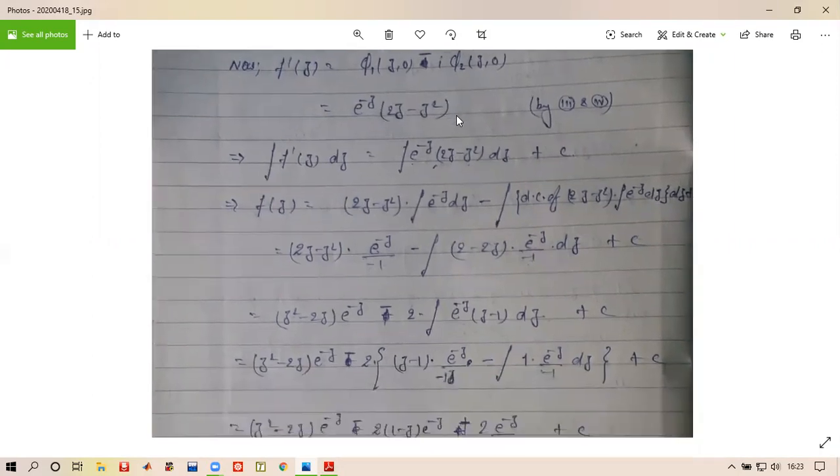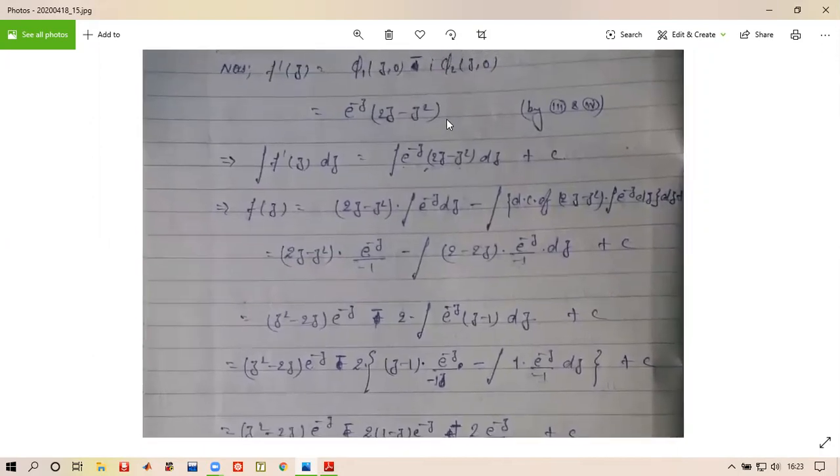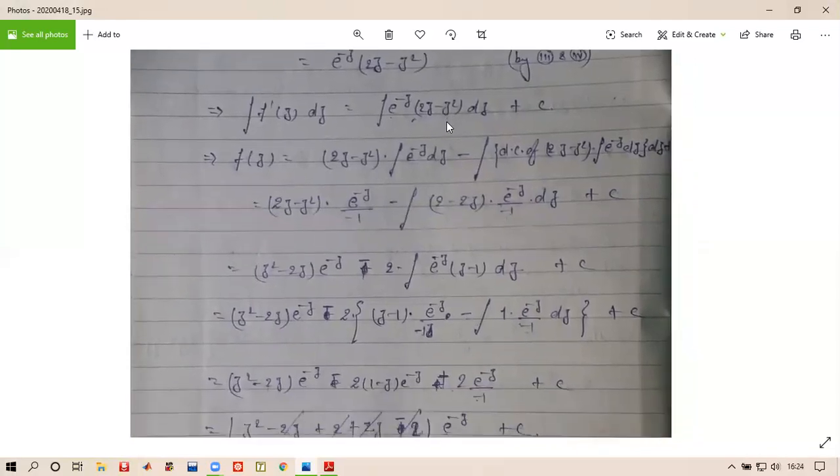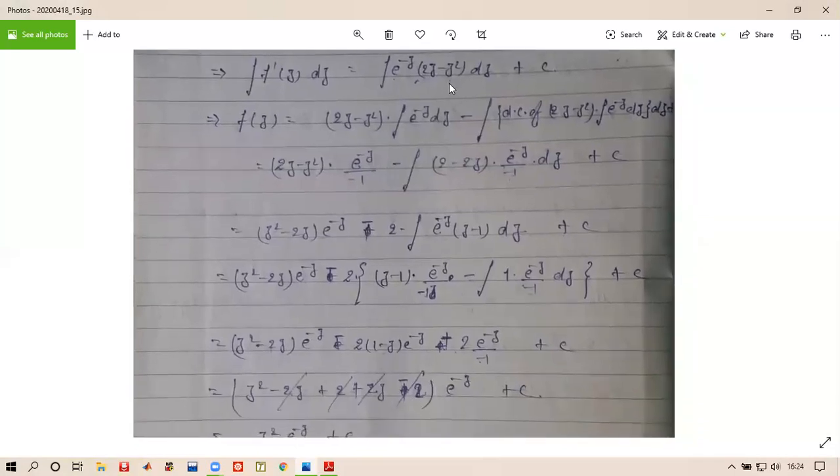Now on integrating both sides of this equation, we get the integral of f prime z dz equals the integral of e to the power minus z (2z minus z square) dz plus c. The integration is very easy, you can integrate these equations.